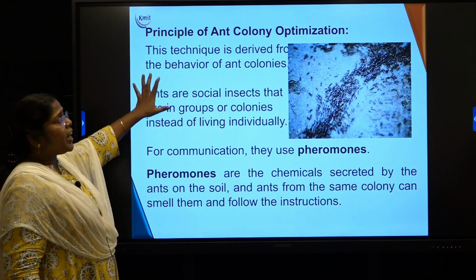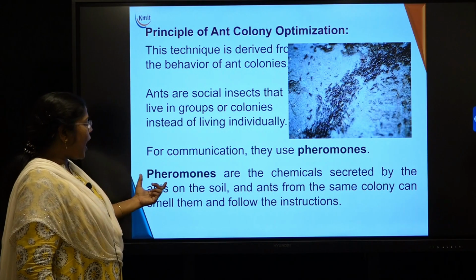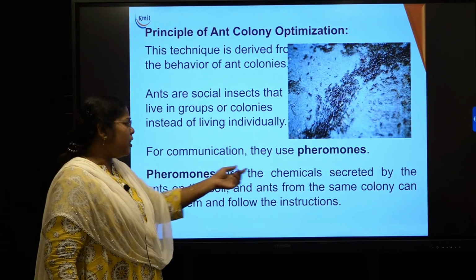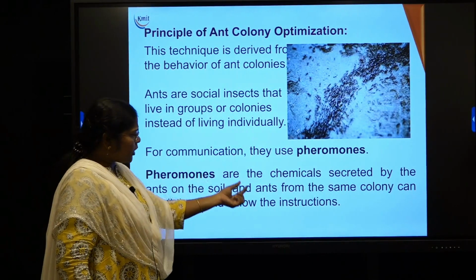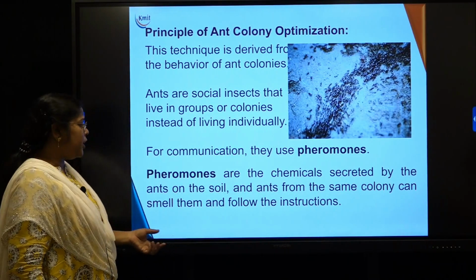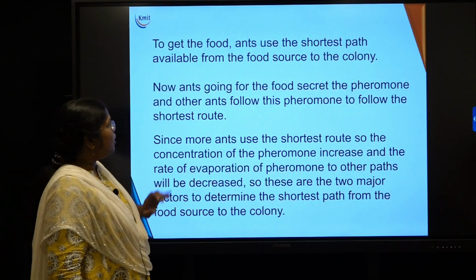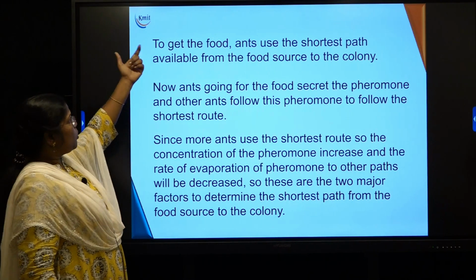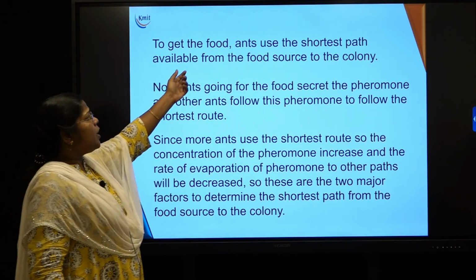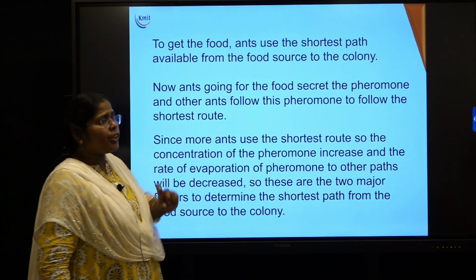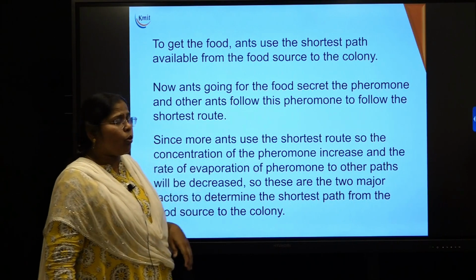The principle behind ant colony optimization is that an ant will secrete the chemical, a pheromone, on the soil, and ants of the same colony can smell it and follow the instructions. To get food, ants use the shortest path available from the food source to the colony.